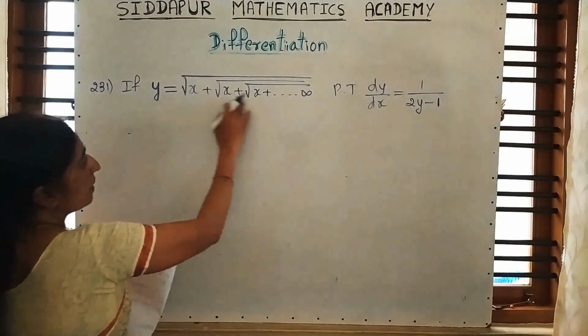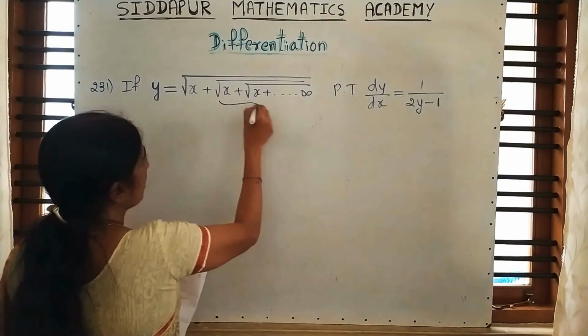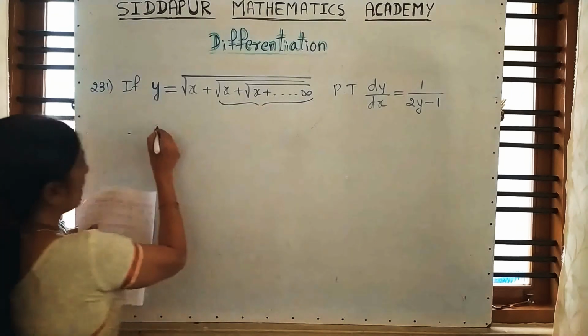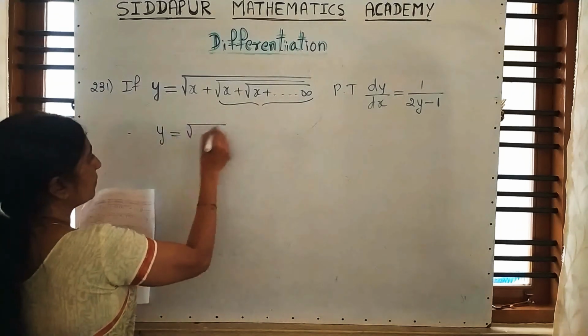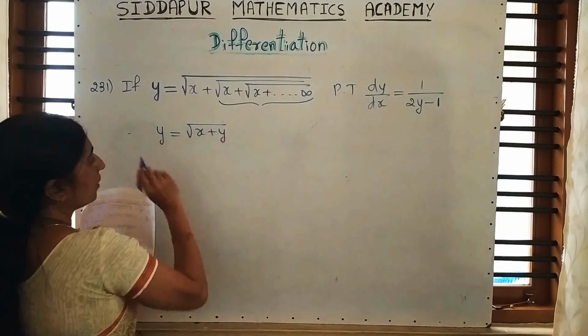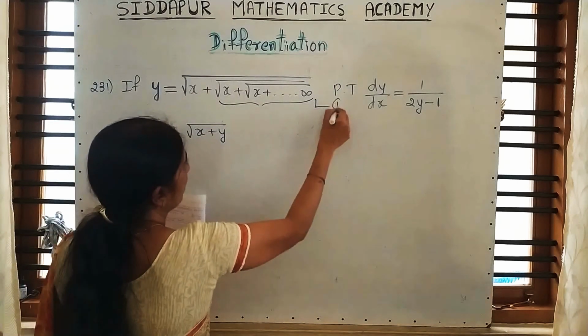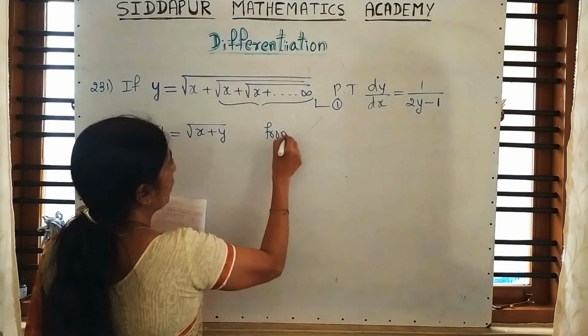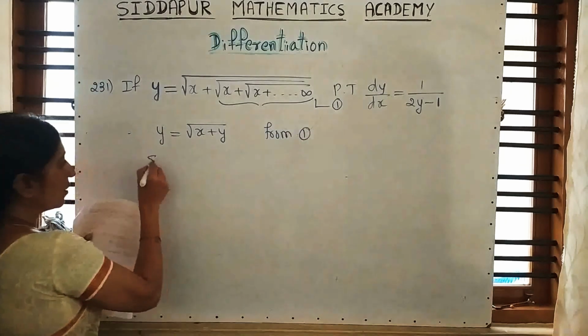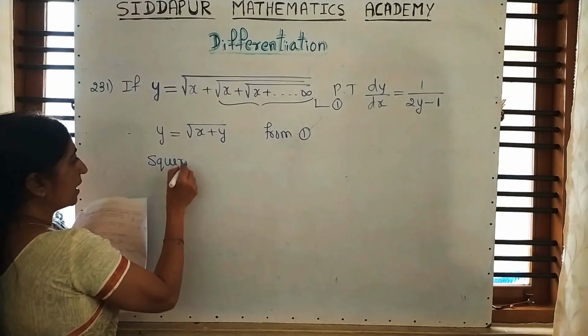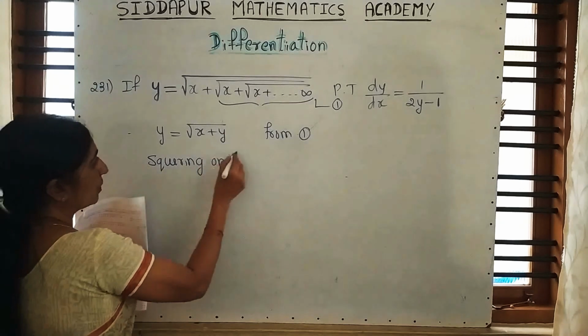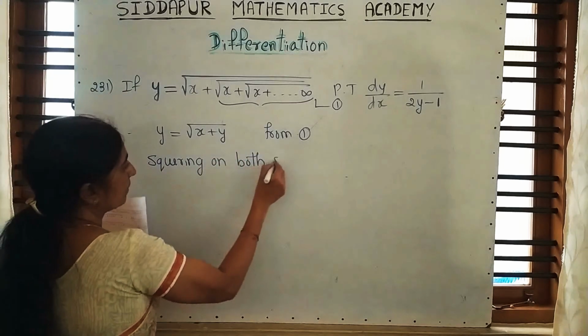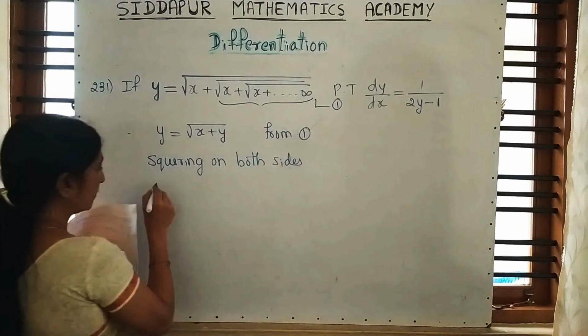See how many x are there up to infinity. That means in place of this you can write y, correct? This is equation 1. From equation 1, now if you want you can differentiate directly or square on both the sides. The choice is yours.